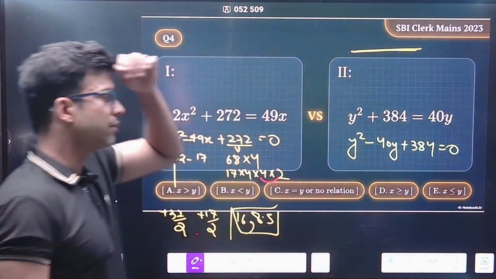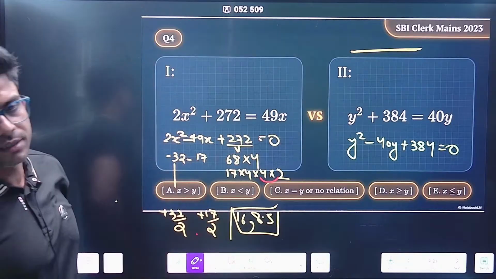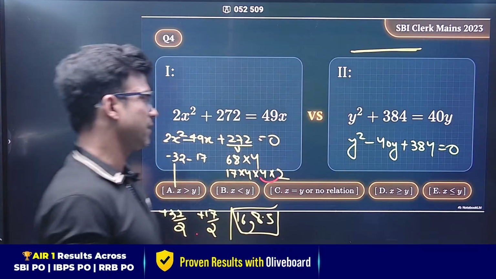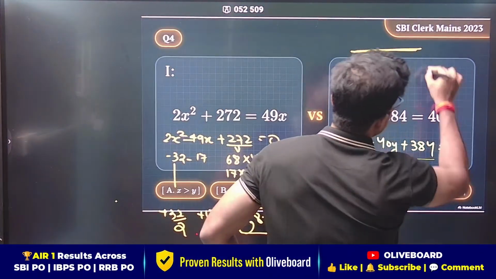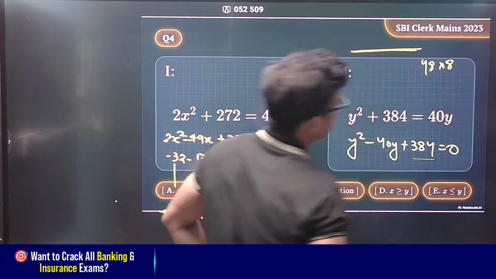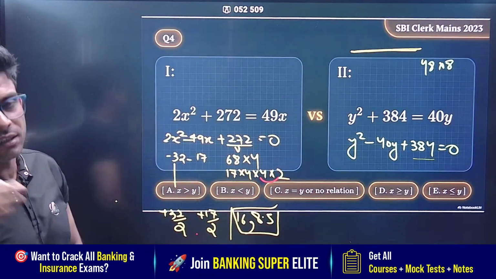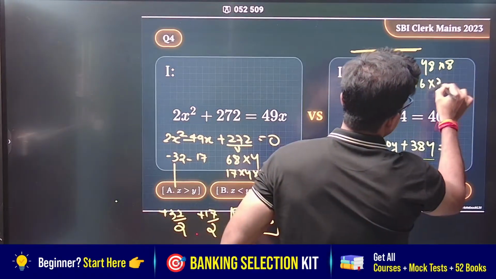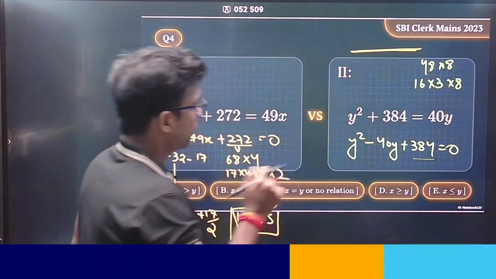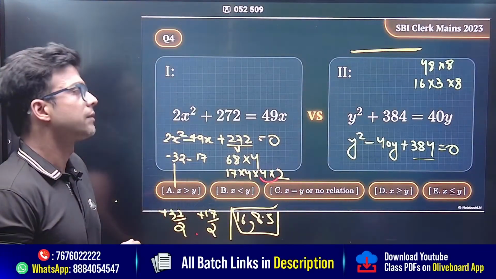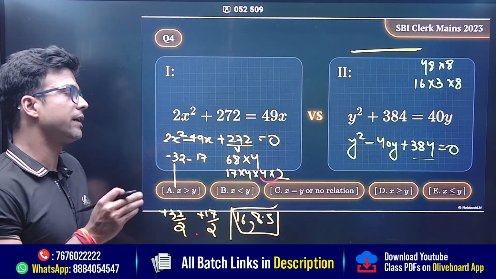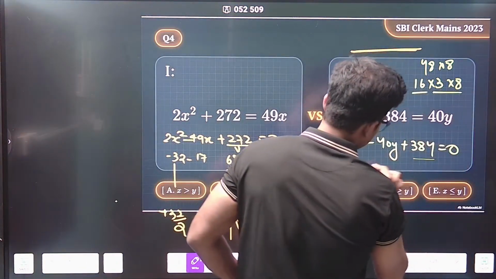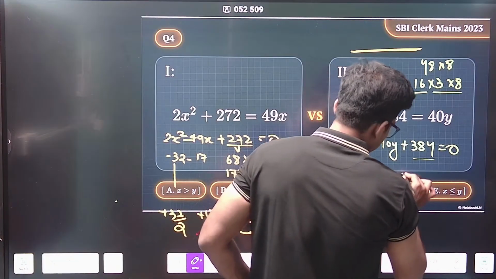Now break out this number 384. 384 is basically how much? 48 into 8, and 48 is 16 into 3. 16 into 3 into 8. 8 3s are 24. Okay, that's fine. This is 16 plus 24. So the roots would be plus 16 and plus 24.